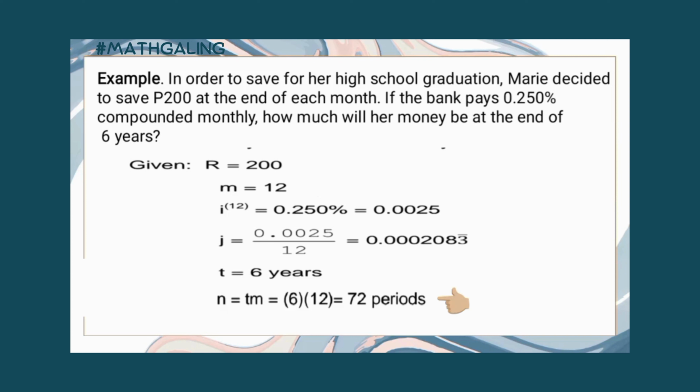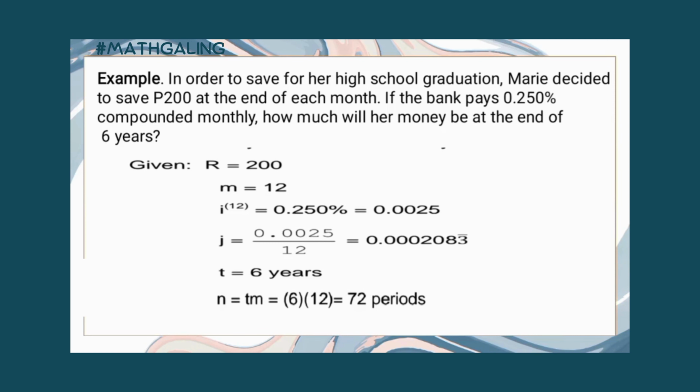Then n equals m times t, or 12 times 6, that is 72 total number of periods. And i equals r over m, that is 0.0025 over 12, so we have 0.0002083.